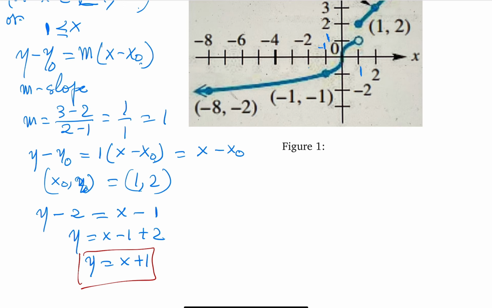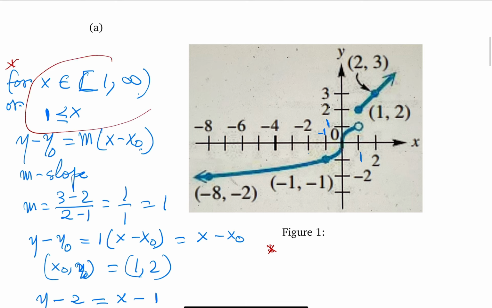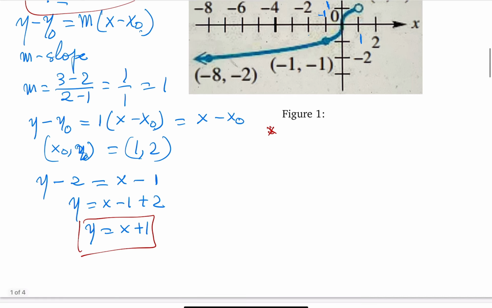Okay, now we have the second one. This one was the first one, by the way. Now the second one is if x is inside the interval from negative infinity to 1, with 1 excluded, or you can just write x is strictly less than 1.